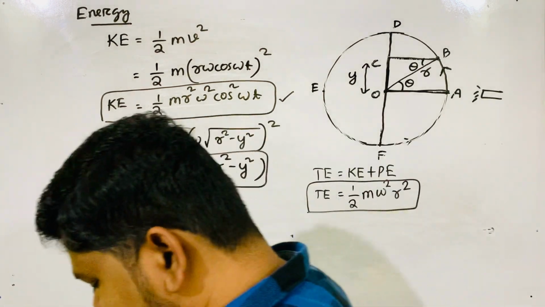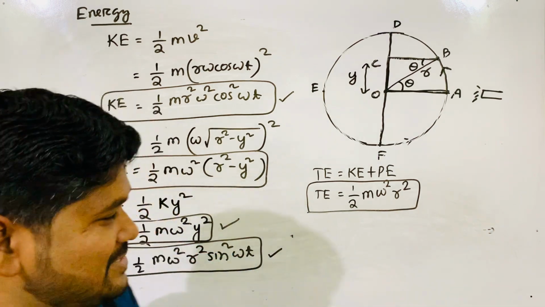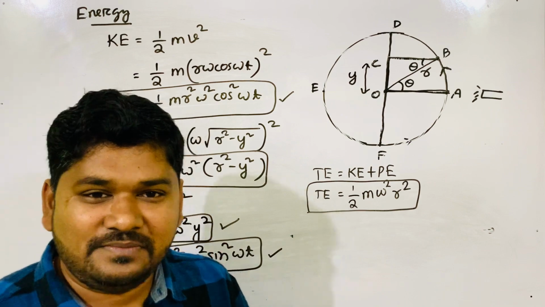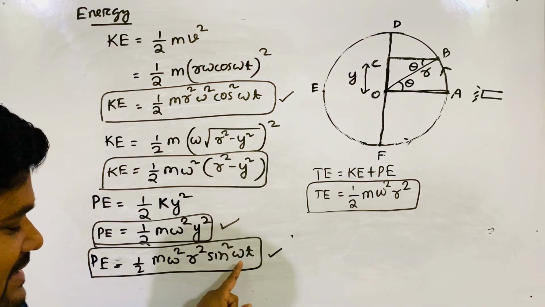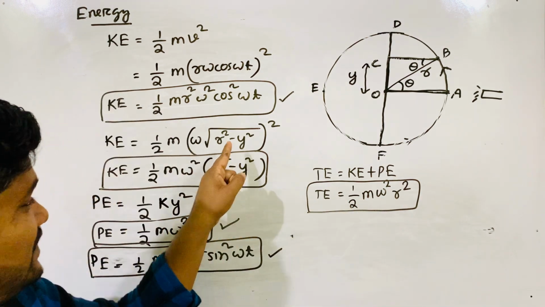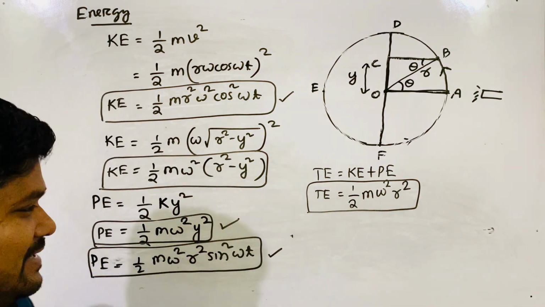What do you see in the total energy? Is there any omega t term like in kinetic and potential? No. Is there any displacement term like in kinetic and potential?